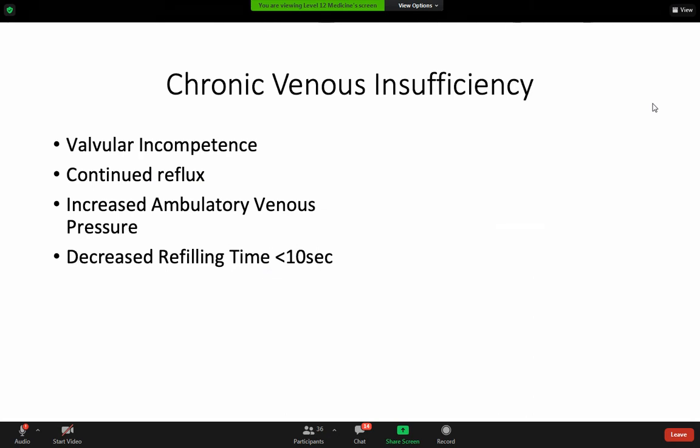Chronic venous insufficiency, again, هي نفس principle, either superficial or deep system. But if I just mention chronic venous insufficiency, usually I mean deep system. So valvular incompetence mainly causing this problem. هيكون في continued reflux and increase in the ambulatory venous pressure.